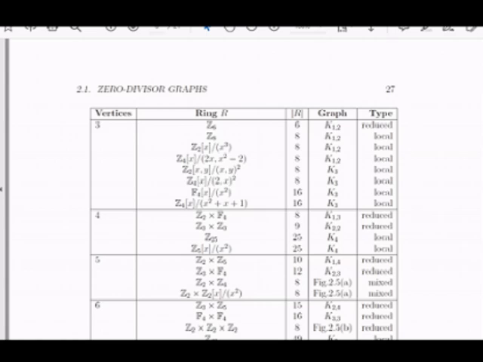Let's move to a graph with four vertices. With four vertices, there are some graphs that are not mentioned. So like here I have K_{1,3}, K_{2,2}, K_4. Well, K_4, right?